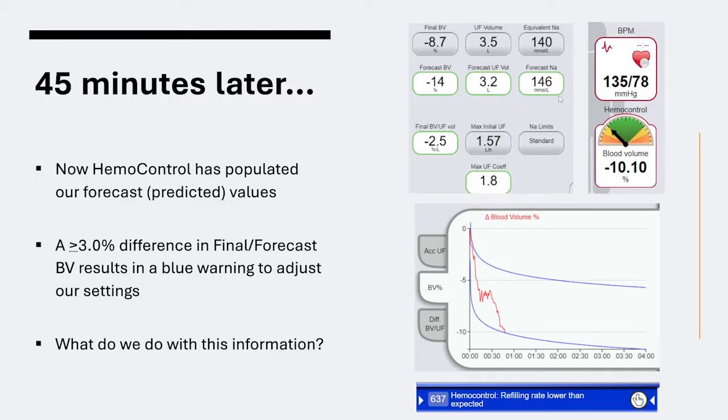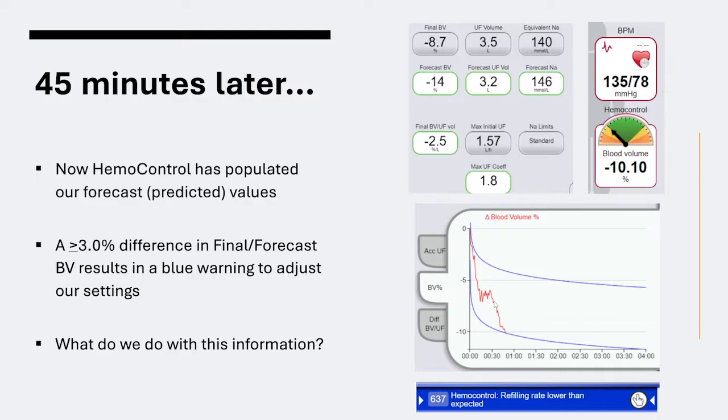So the reason that our sodium is so high is we're going to flip down here to look at this blood volume screen. So you can see our upper and lower blue limits for our blood volume. And then we see in real time what's happening with the patient's blood volume.